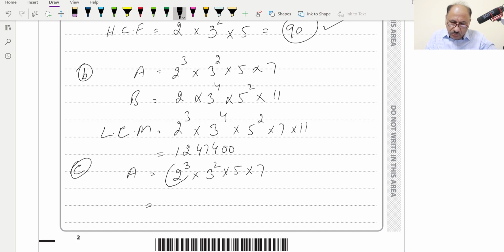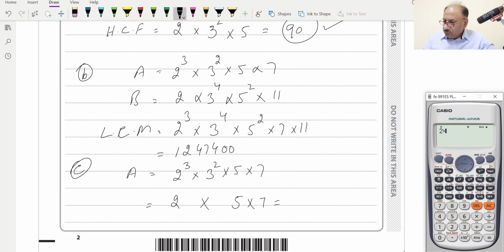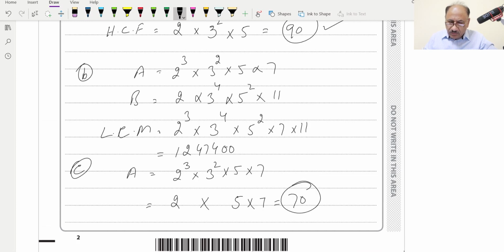For example, this is 2 raised to power 3, so if we multiply by 2 this will become 2 raised to power 4. This portion 3 square is already square, so 5 we can multiply by 5 so that it will be 5 square, and 7 will be multiplied by 7, so it should be 7 square. So these are the three numbers which we require to multiply. So we can multiply 2 into 5 into 7, which is equal to 70. So 70 will be our answer for this part.